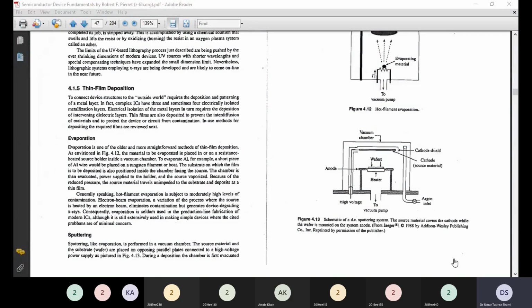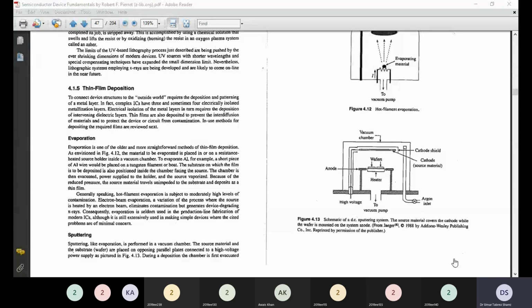To evaporate aluminium, for example, a short piece of aluminium wire would be placed on a tungsten filament or a boat. The substrate on which the thin film is to be deposited is also positioned inside the chamber facing the source. The chamber is then evacuated, power supplied to the holder, and source vaporized.